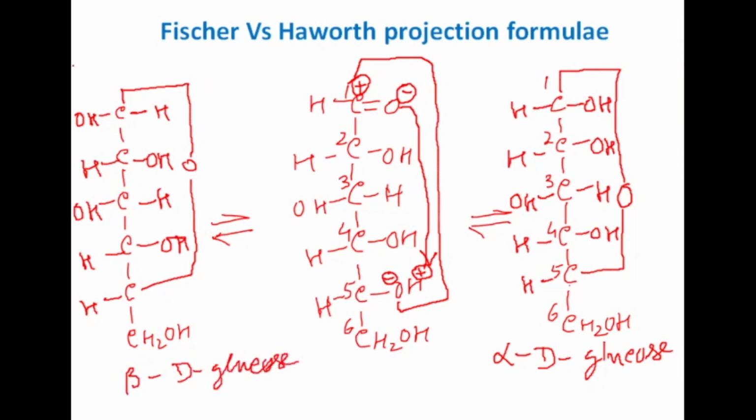So these two isomers of glucose, where there is only one difference, and that difference is the position of the OH group, whether it is on the right hand side or left hand side, are called anomers. This formula is called Fischer projection formula.